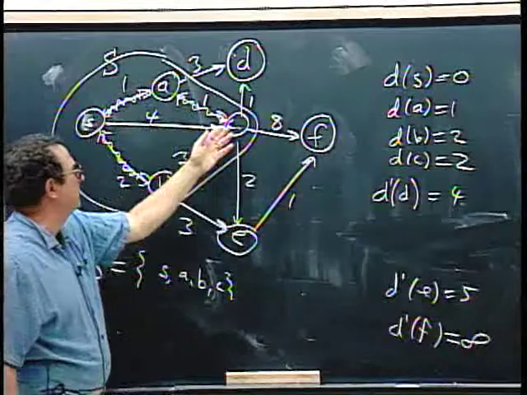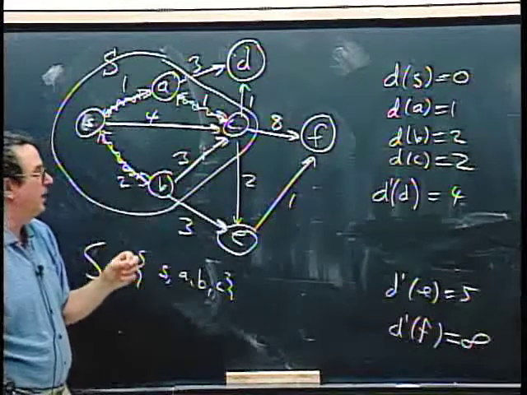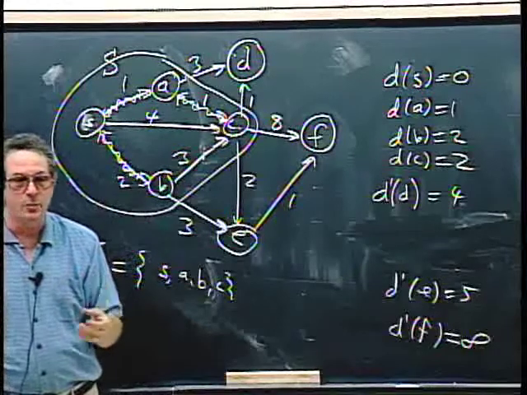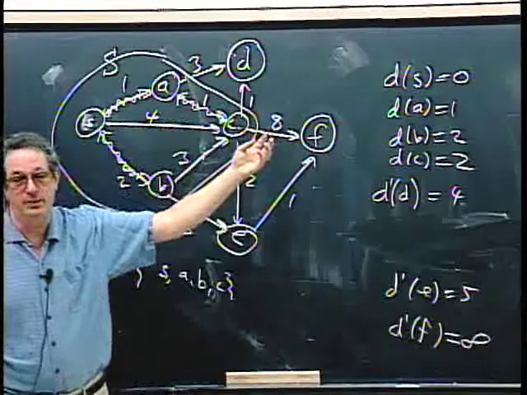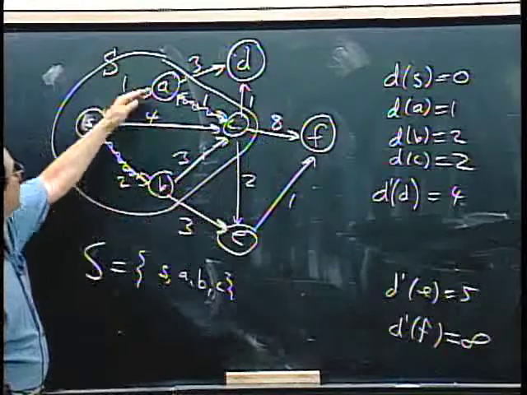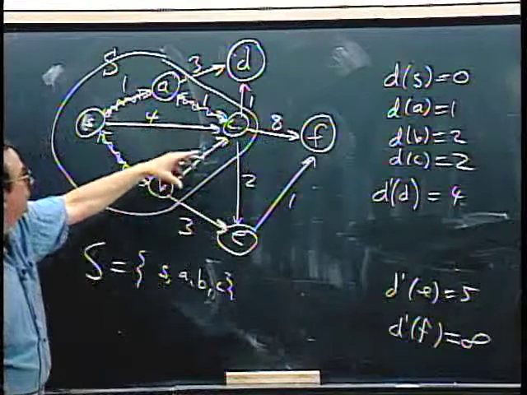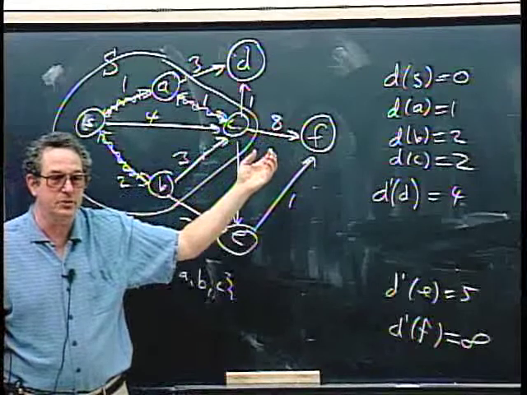So why do we write these pointers backwards instead of forwards? Because I want to be able to ask later, what is the shortest path from S to some particular node that's out there? And if I had the pointers going forwards, I wouldn't know that I was actually moving towards that node as a shortest path.